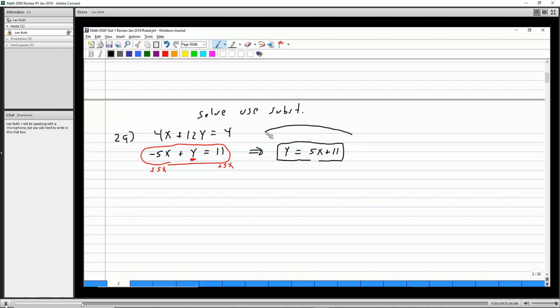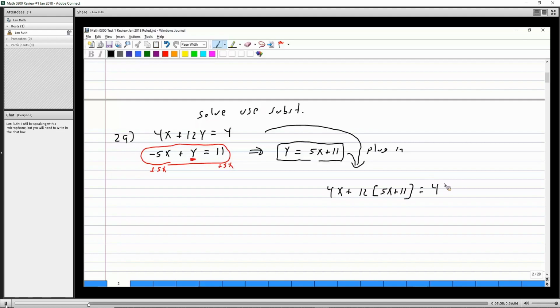And then you substitute what we just found out about y. You're going to plug this into the top equation. So the top equation says 4x plus 12 times y, but now I know what y is. Y is 5x plus 11. So I'm plugging in, replacing, substituting for the y, what we learned from equation 2.